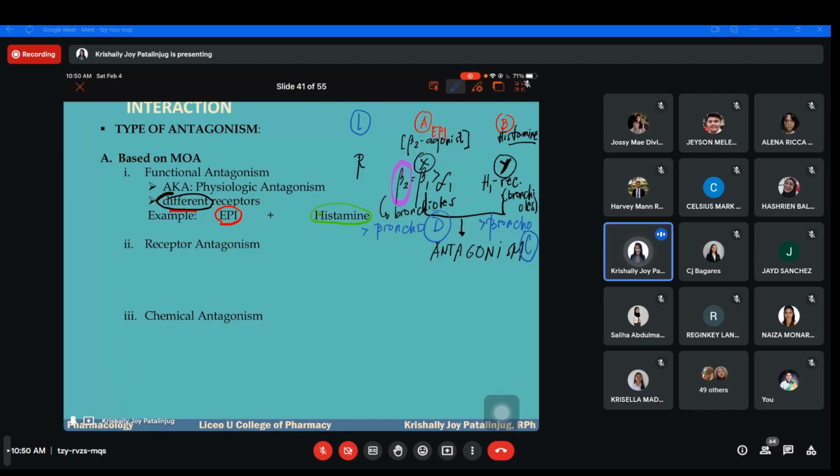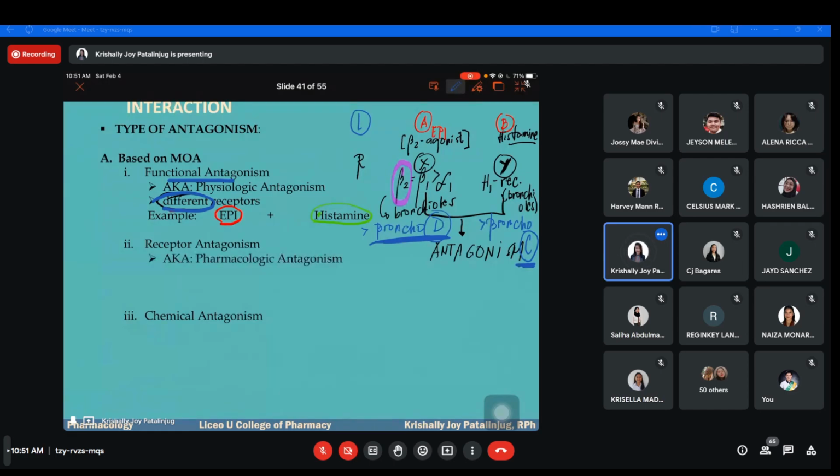So this is an example of a functional antagonism because the function of one drug opposes another drug's function or activity. So opposing, yung isa dilation, yung isa constriction, and yun yung concept ng functional antagonism. Dalawang gamot, they bind to different receptors, antagonistic with each other, yung physiologic effect nila or yung functions nila.